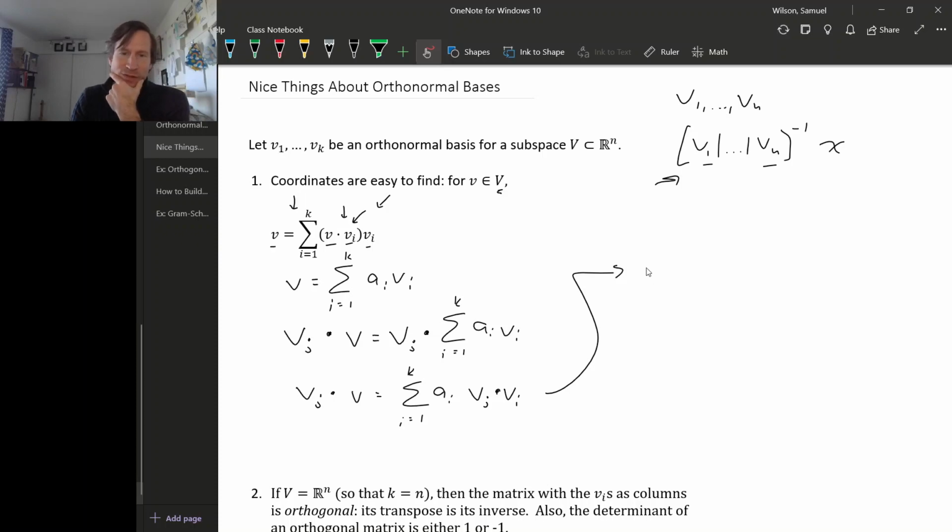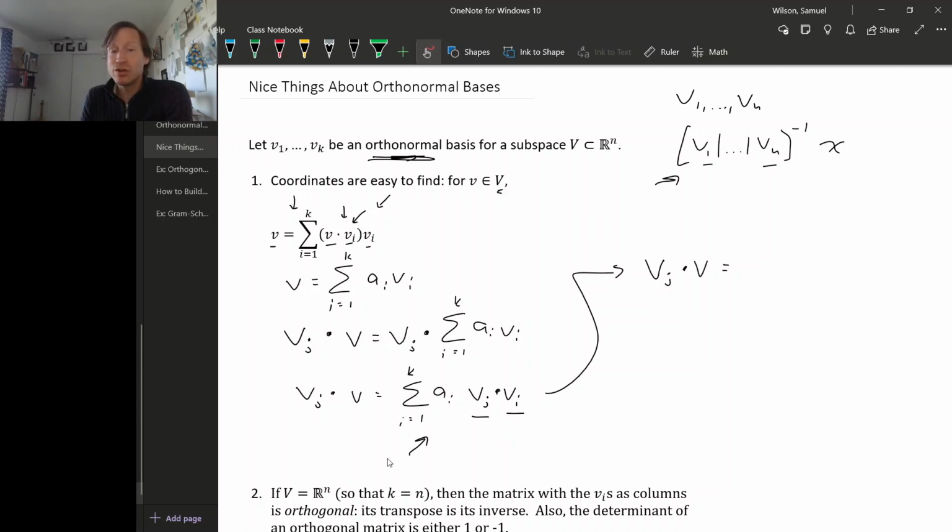Okay, so the left-hand side is still v_j dot v. And on the right-hand side, most terms in this sum disappear because remember, whenever these two vectors, v_j and v_i, are actually different vectors, their dot product is 0 because we're working with an orthonormal basis. And in an orthonormal basis, different basis vectors are orthogonal. So their dot product is 0.